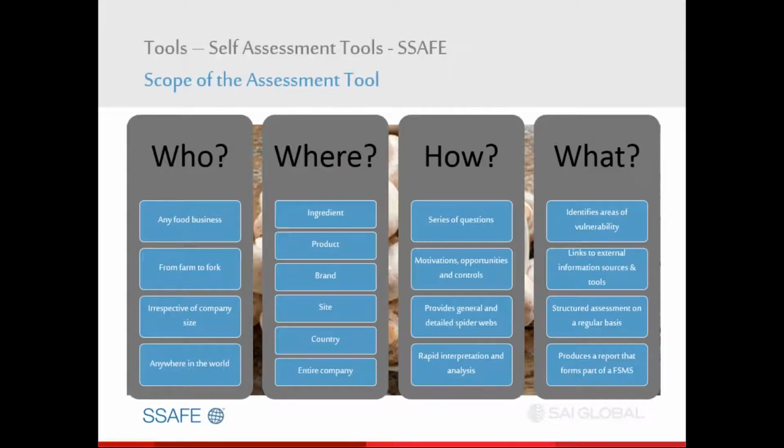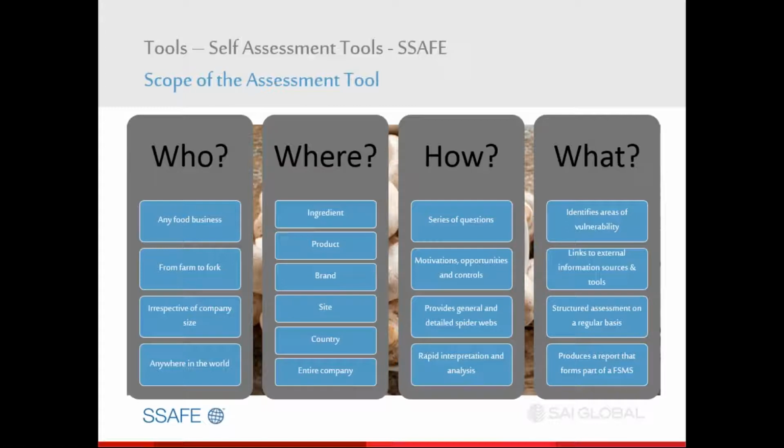And so it encompasses everything at your company, before and after your company also. So you need to ask the questions. Who has motivations, opportunities? You need to think like the person that's going to do this. Put yourself in their shoes to help you determine the vulnerabilities and do this assessment tool.